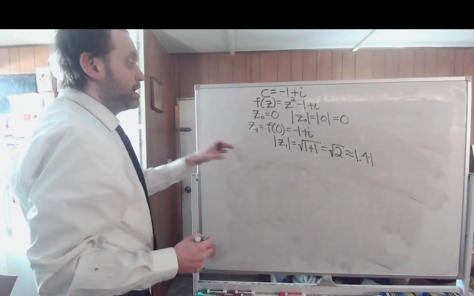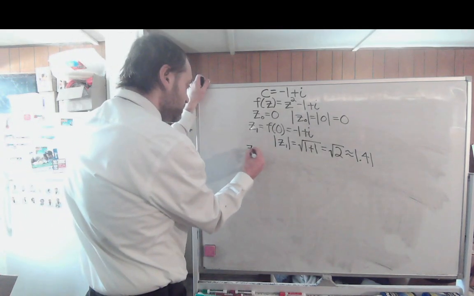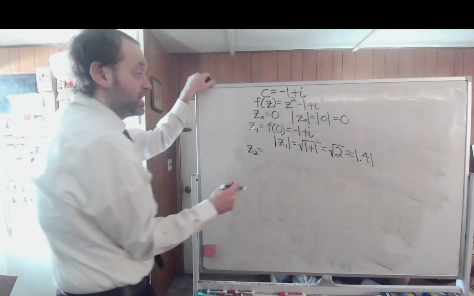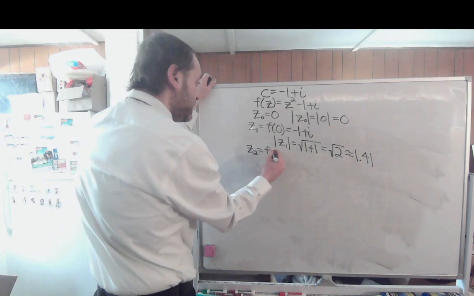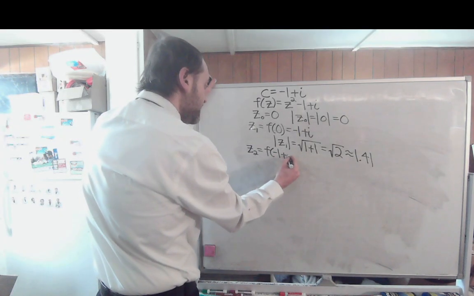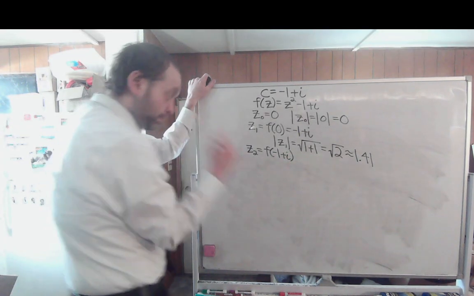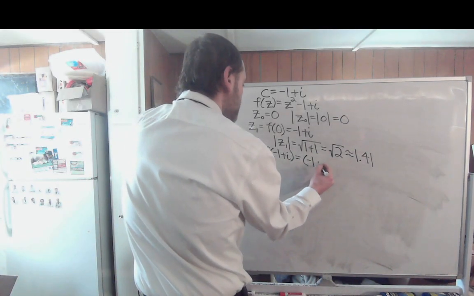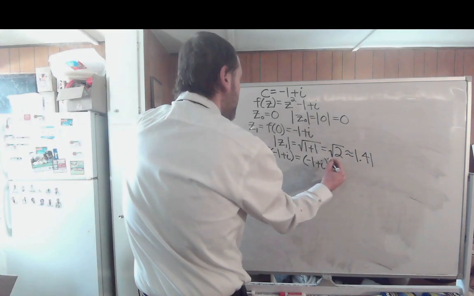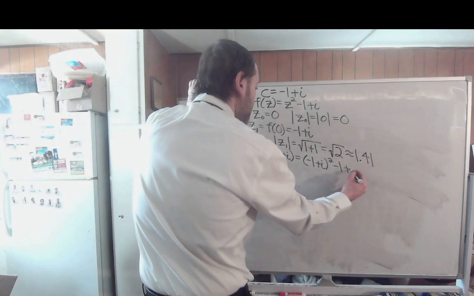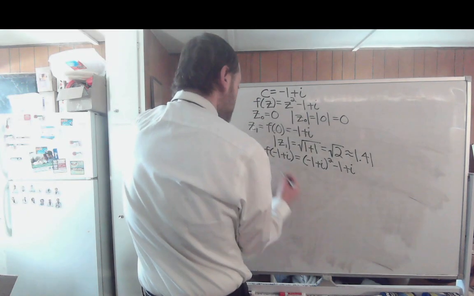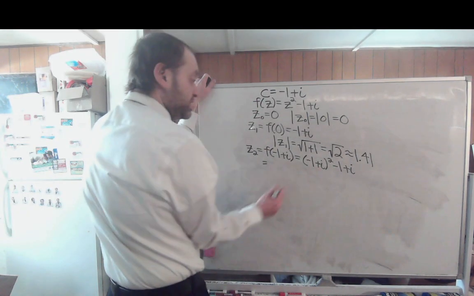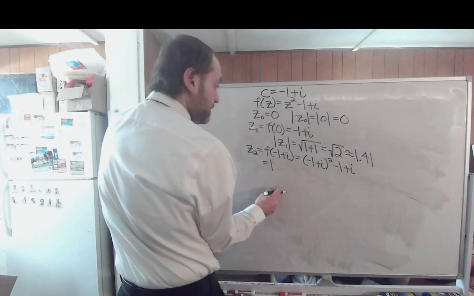Alright, now let's find z sub 2. z sub 2 is f of z sub 1, so that's going to be f of that -1 plus i. So you'll take that -1 plus i, raise it to the second power, then -1 plus i. So -1 to the second power is +1.